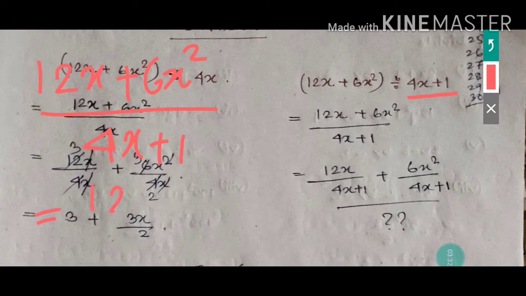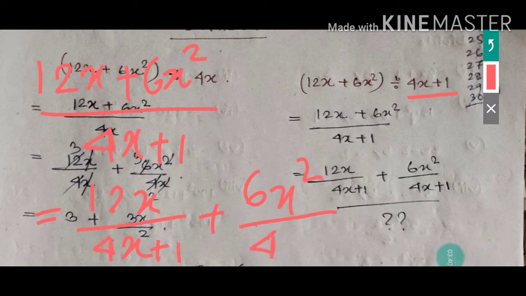I can write 12x by 4x plus 1 and 6x square by 4x plus 1. Why am I saying this? Because in both cases your denominator is the same. If you take the LCM, it will be 4x plus 1, and 12x plus 6x square will be the numerator. That is ultimately this one only.